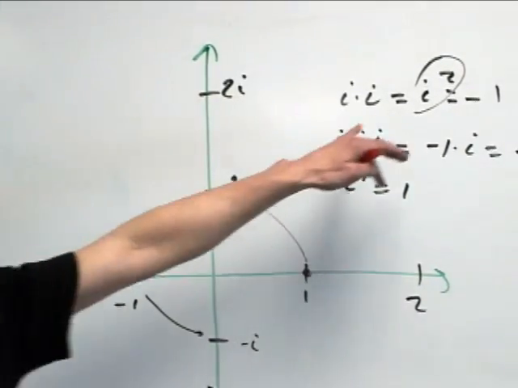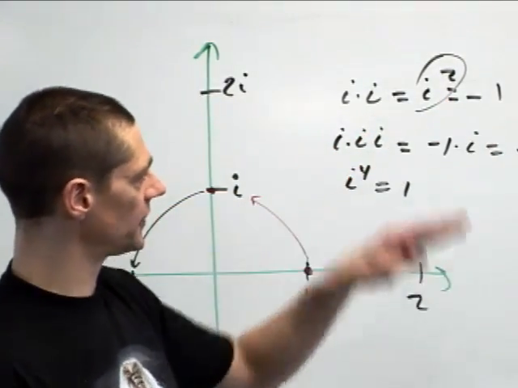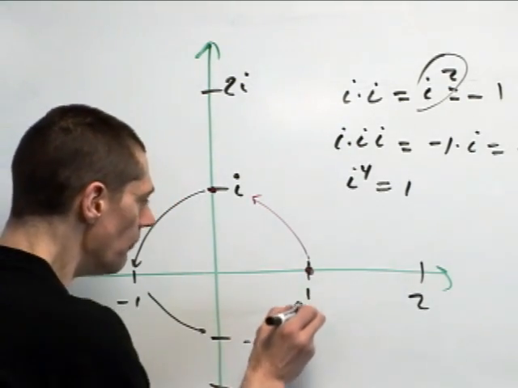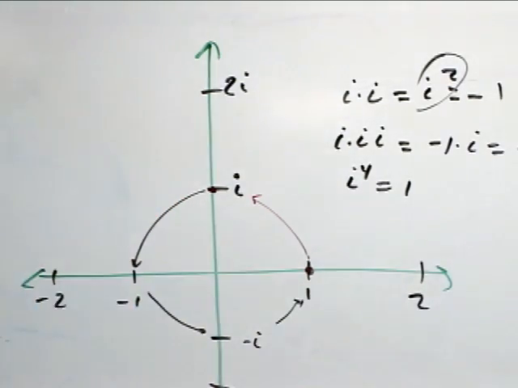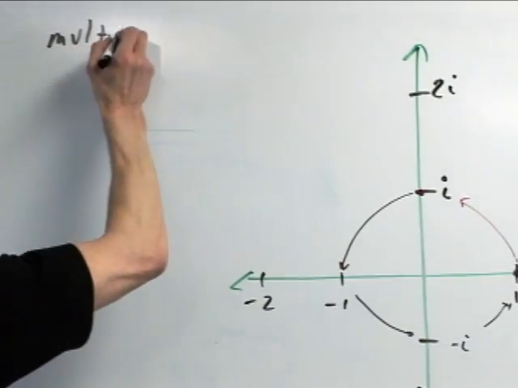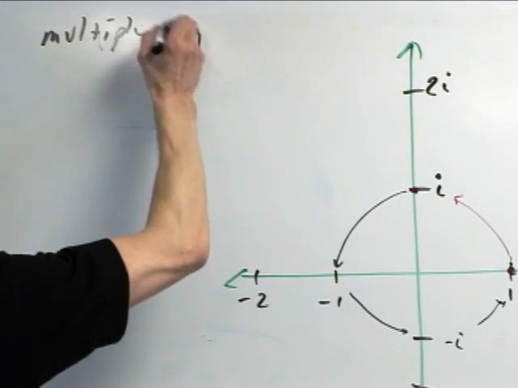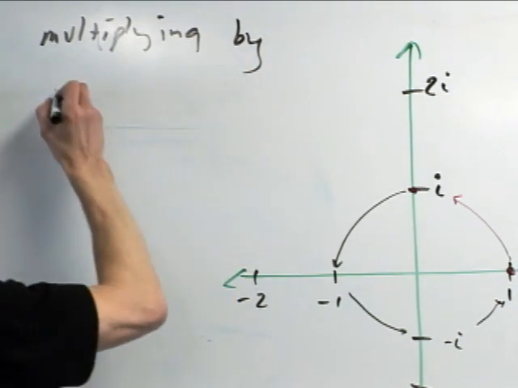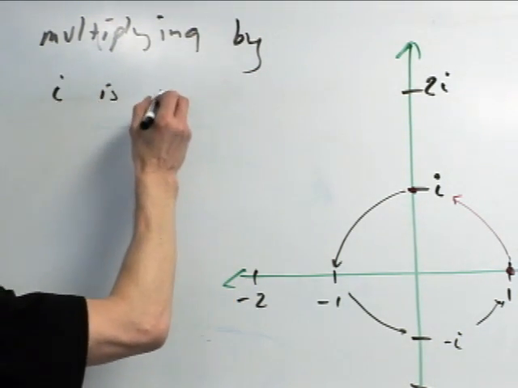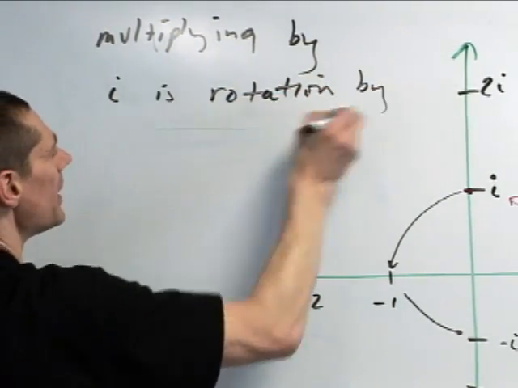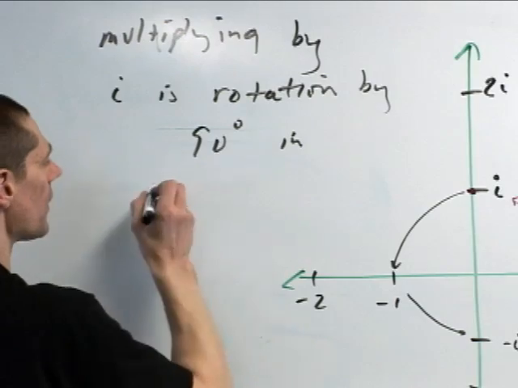Hopefully we know, because i squared is negative 1. Negative 1 times negative 1 would be i to the 4th, and this is 1. So multiplying by i is rotation by 90 degrees in the complex plane.